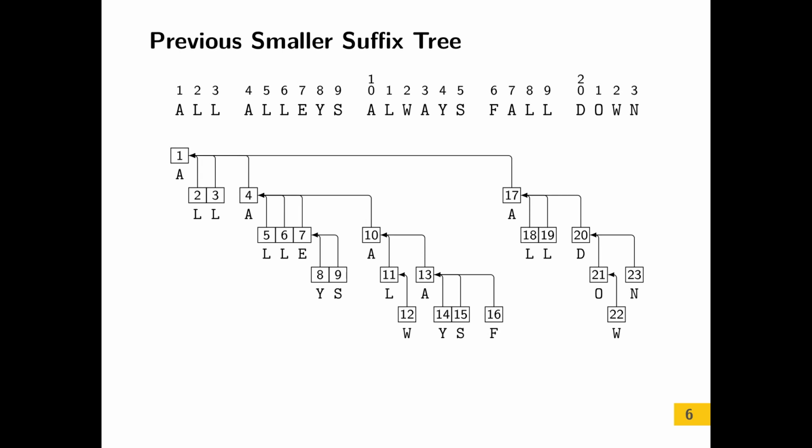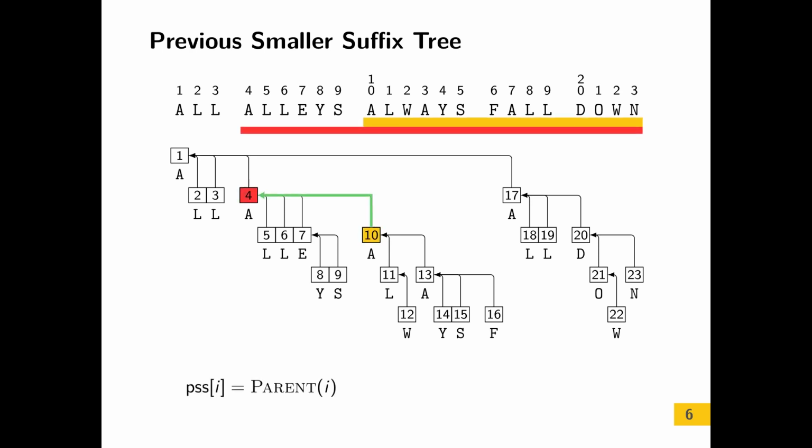Using only basic tree operations, we can answer both previous and next smaller suffix queries. By definition, the PSS of suffix 10 is the parent of node 10. In order to also determine the NSS of suffix 10, we take a closer look at the subtree that is rooted in node 10. By definition, each descendant of node 10 represents a suffix that is lexicographically larger than suffix 10.